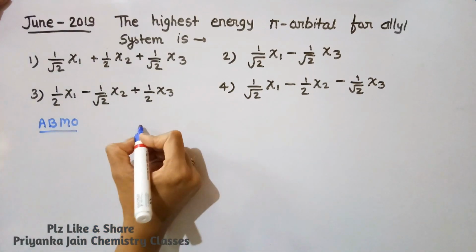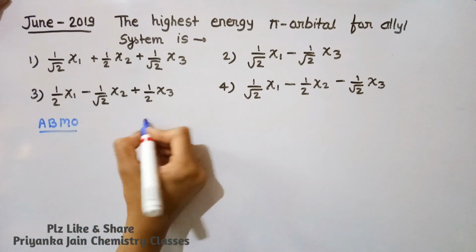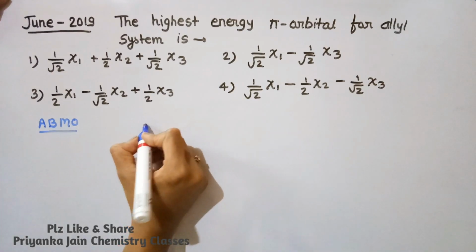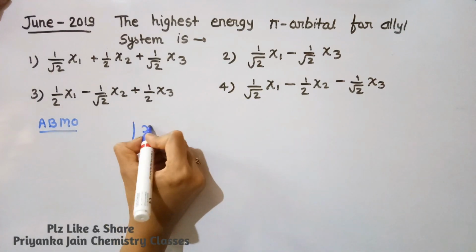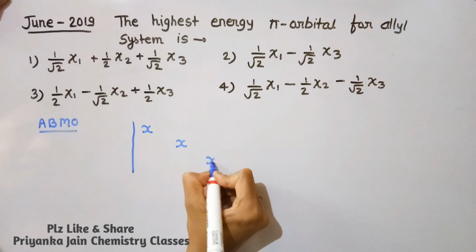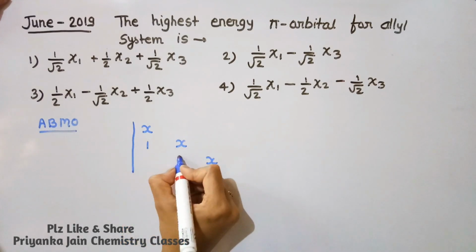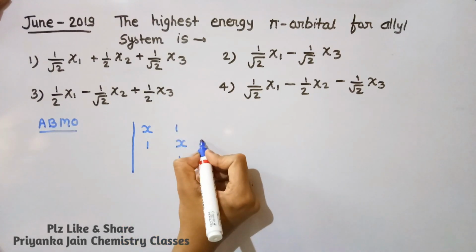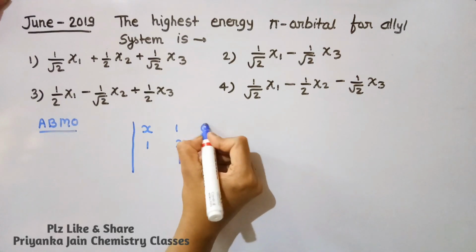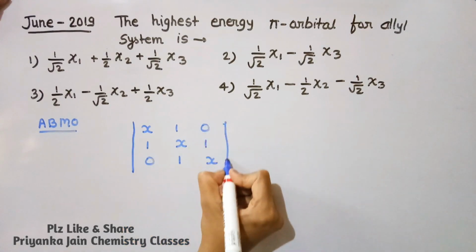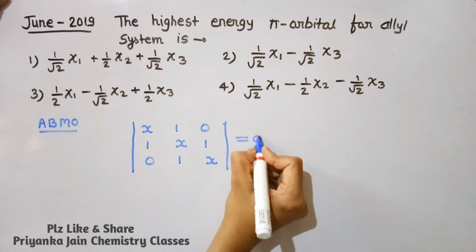So see here, firstly we have to write down the secular determinant, as I have told you how to write it in this manner, x, x, x, and then 1, 1, 1, 1 here, and 0 and 0 in the remaining places, right? This is the secular determinant.